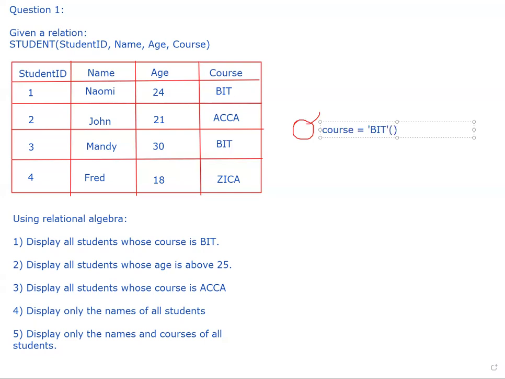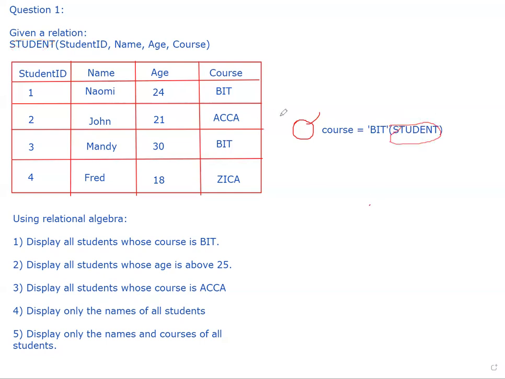Then in brackets you specify the name of the relation, or the table, which is student. So you say from student, exactly the way it has been given in the question.